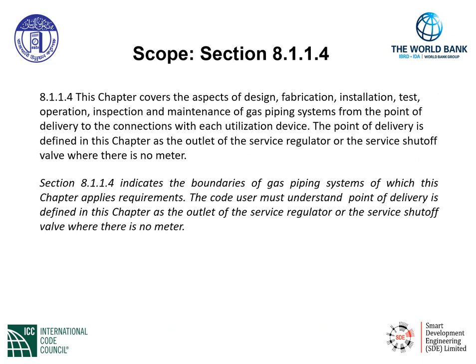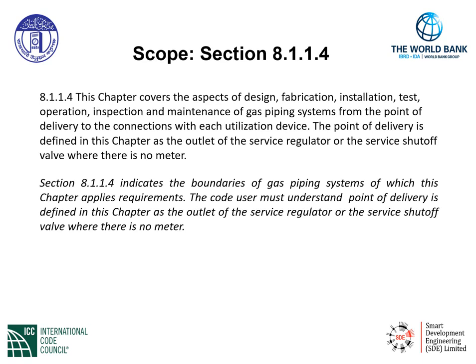Further, as we get into the code a little bit deeper, we find that in section 8.1.1.4, the chapter covers the aspects of design, fabrication, installation, test, operation, inspection, and maintenance of gas piping systems, from the point of delivery to the connections with each utilization device. This is important here.